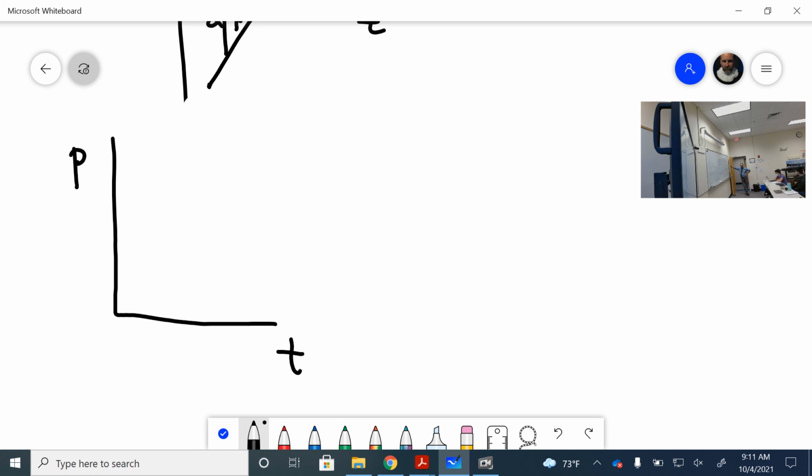So if the displacement is 0 on the position graph, does that mean that it's moving away from the sensor? Ask the question again. If the position graph has a negative displacement, does that mean that it's moving away from the sensor? Other way around, towards the sensor. Displacement negative means we end up closer.